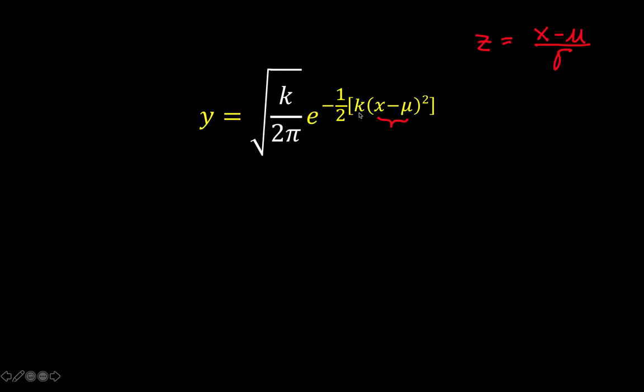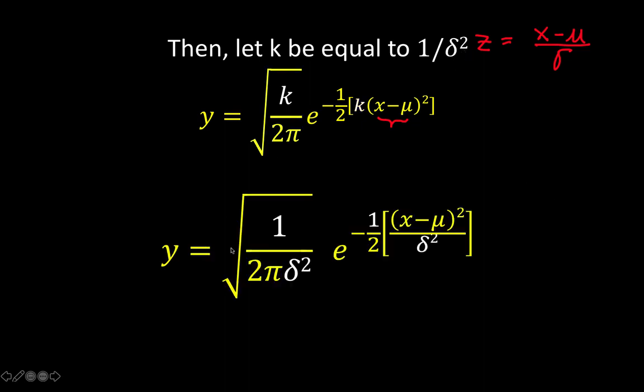And if we adjust this value of k, then there is a corresponding change also in the value of k here. Let's do that. If we let k be equal to 1 over sigma squared, which is the variance, we now arrive at this equation. Instead of k, we replace it by 1 over sigma squared. Instead of this k, we replace it by 1 over sigma squared.